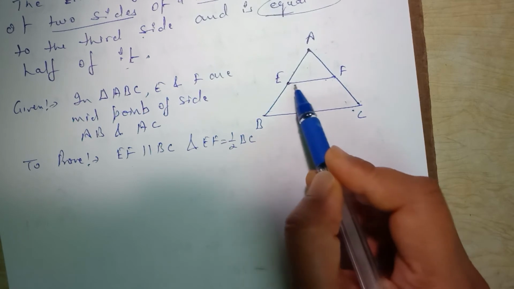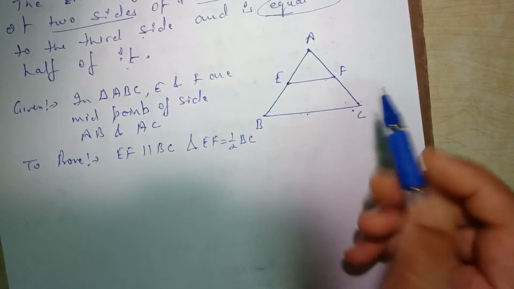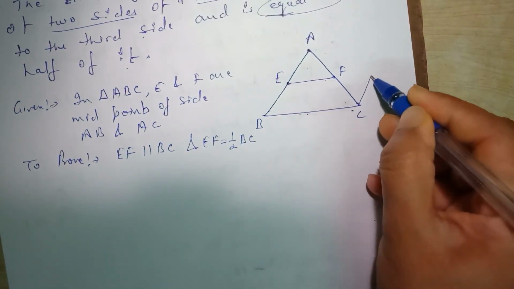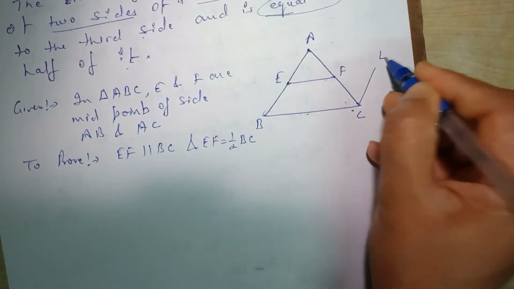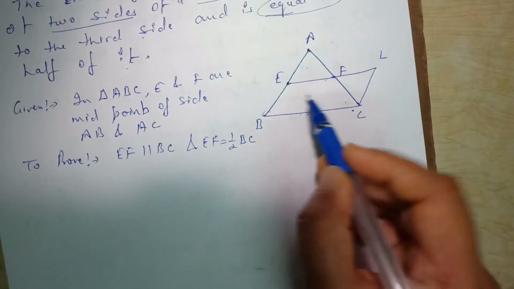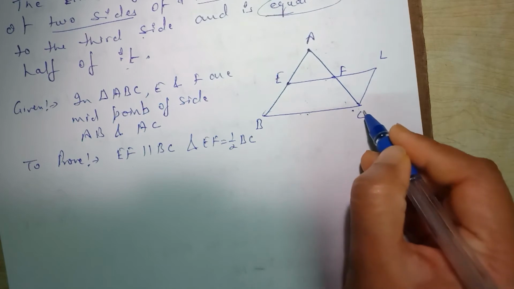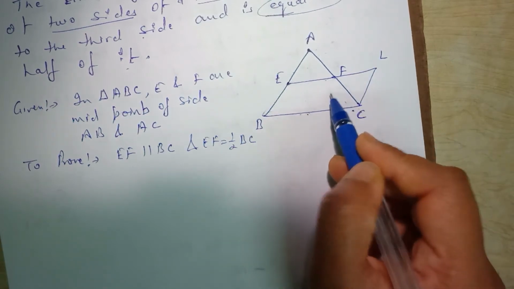First of all, by construction we have to change this trapezium into a parallelogram. What we will do, we are going to draw a line from C parallel to and equal to BE. Let it be CL and produce EF to L. So EBCL, by this construction we'll get a parallelogram.